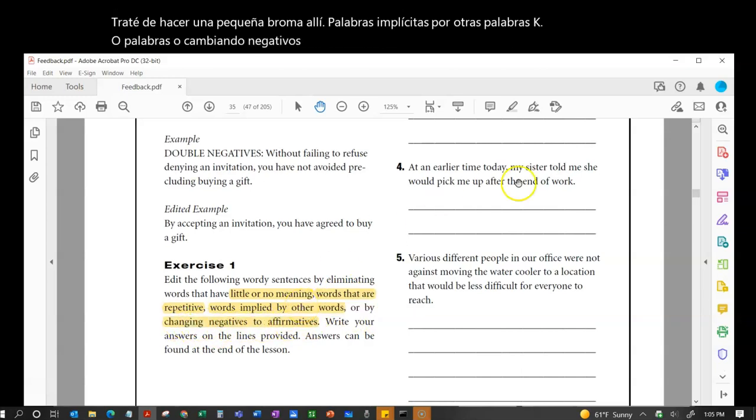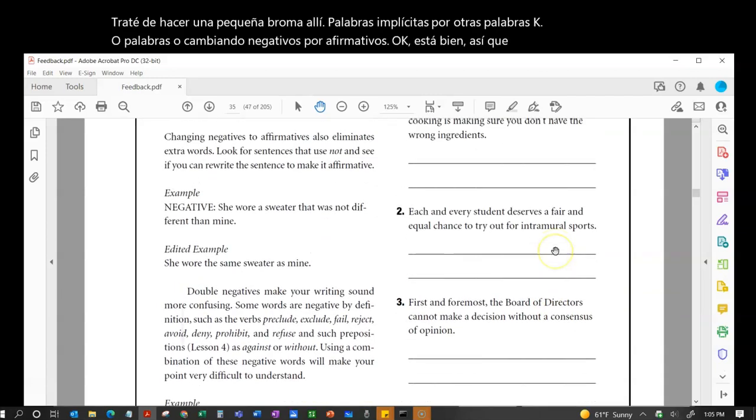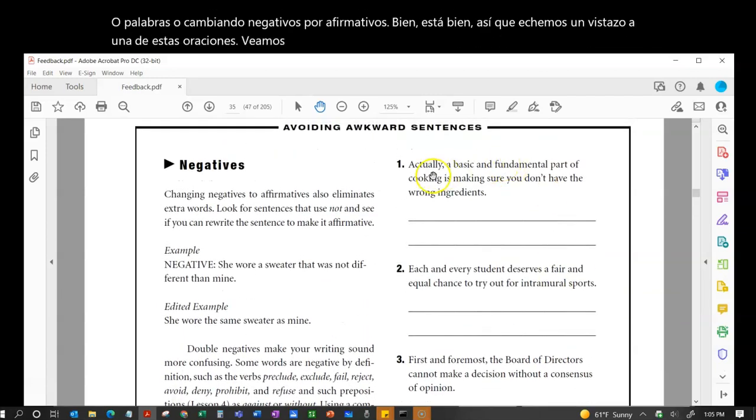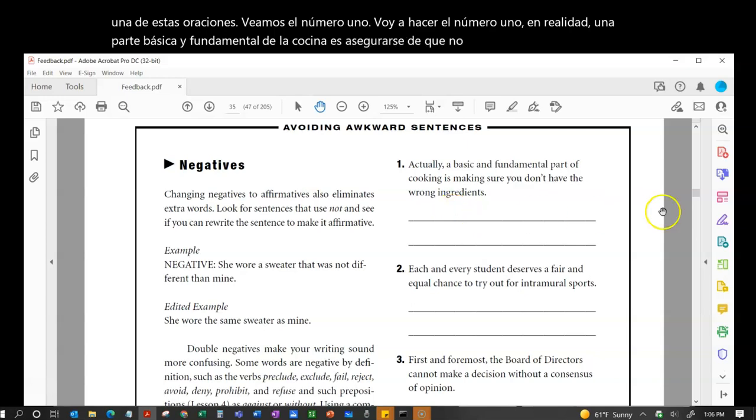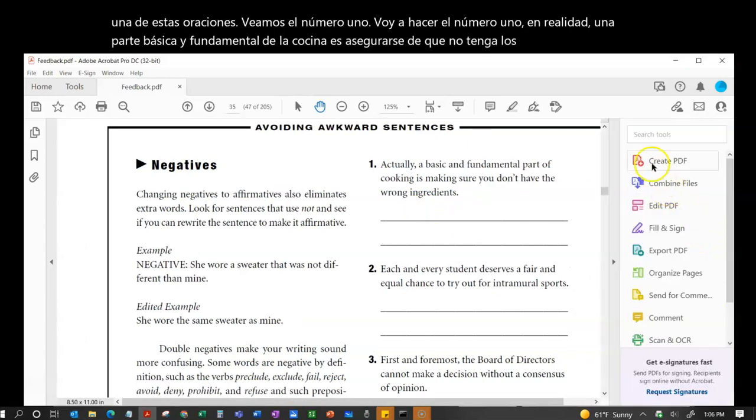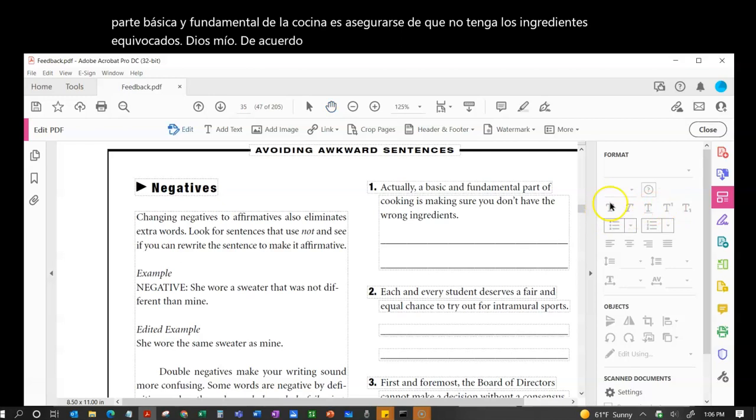All right, so let's take a look at one of these sentences. Let's look at number one. I'll do number one. Actually, a basic and fundamental part of cooking is making sure you do not have the wrong ingredients. Oh my goodness. Okay, so that one's easy. Well, not easy, but hopefully you can figure out what.